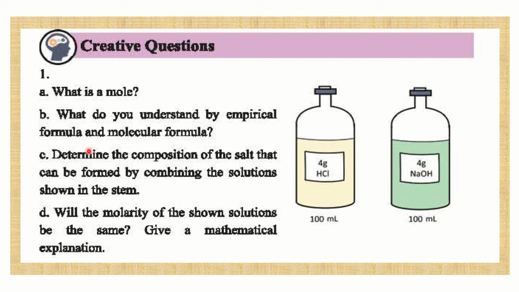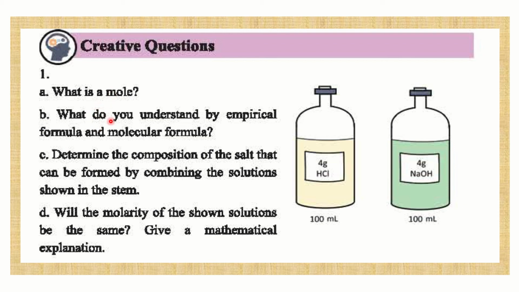Okay. Now the question is, what is a mole? You know, the gram molecular mass amount of a compound is called its mole. Not only this, if in a substance there are 6.02 into 10 to the power 23 molecules or atoms present, or if the volume of a substance is 22.4 liter at STP for gaseous substance, that is called mole.